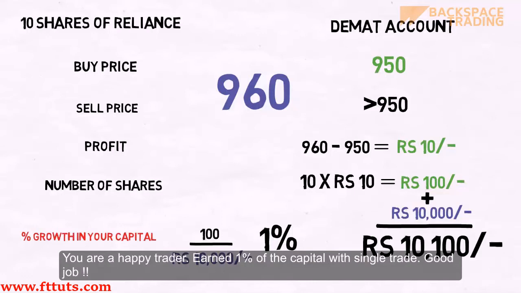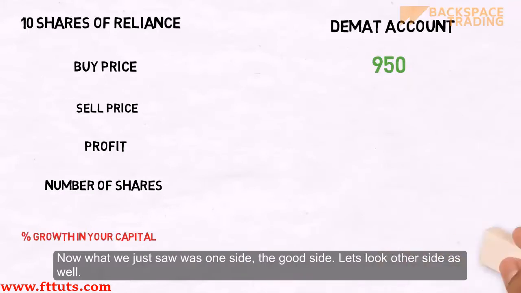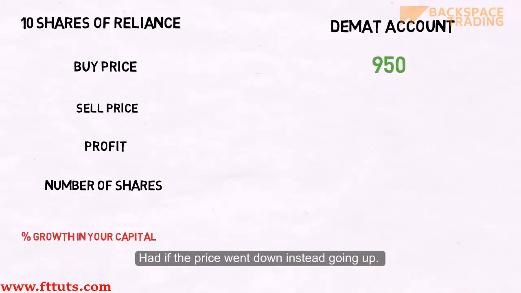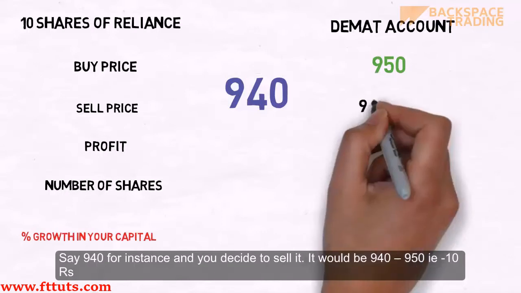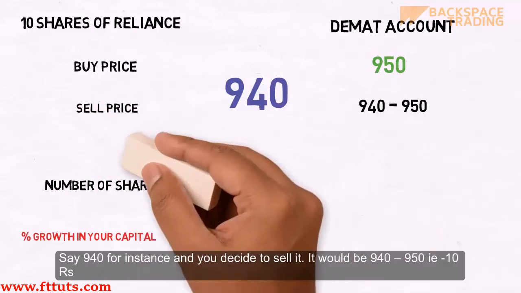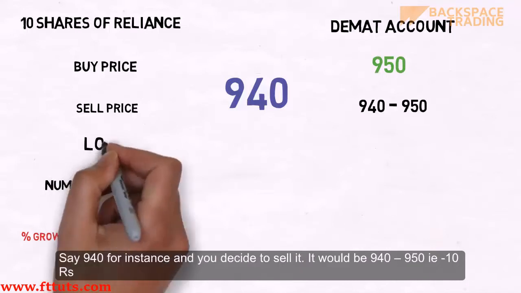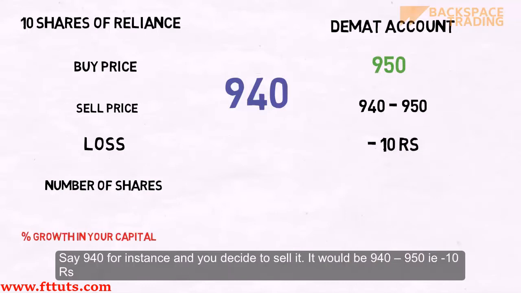Good job. Now what we just saw was one side, the good side. Let's look other side as well. Had the price gone down instead of going up, say 940 for instance, and you decide to sell it, it would be 940 minus 950. The value would be in negative, hence it is a loss. So the loss of minus 10 rupees.